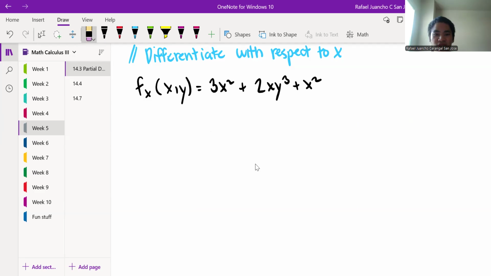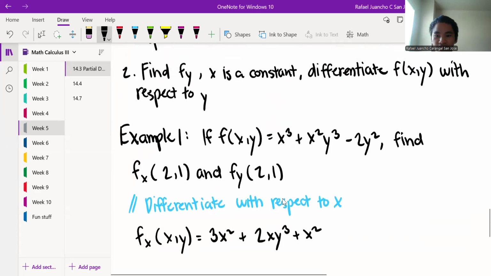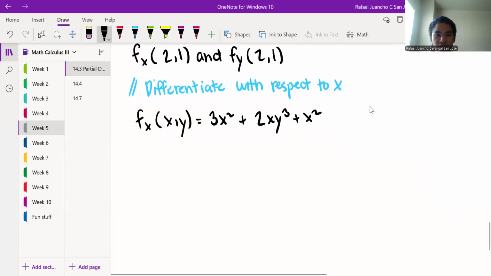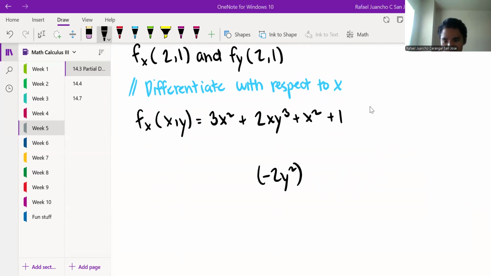Now I have to differentiate that last term, which was minus 2y squared. So let's quickly do that. Well, here it is just a number, so it's just 1. We do plus 1. And this might be it.